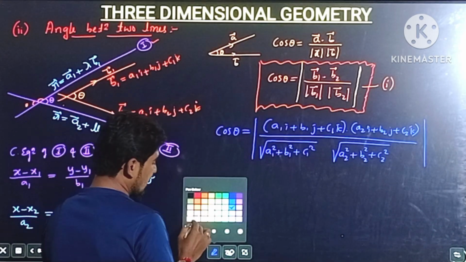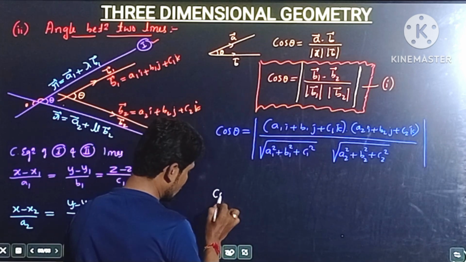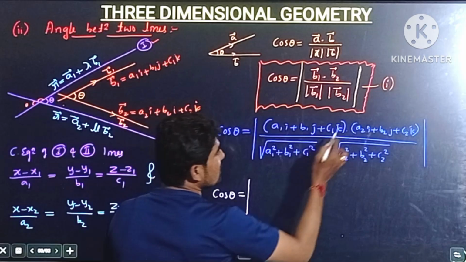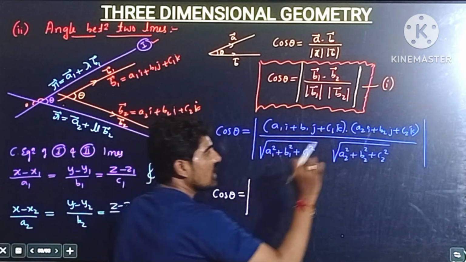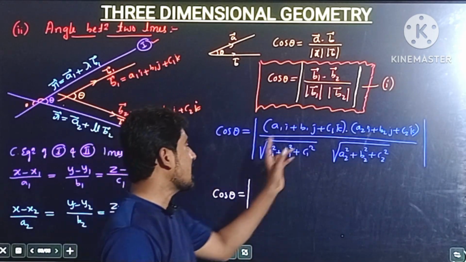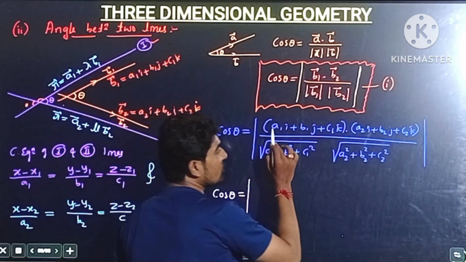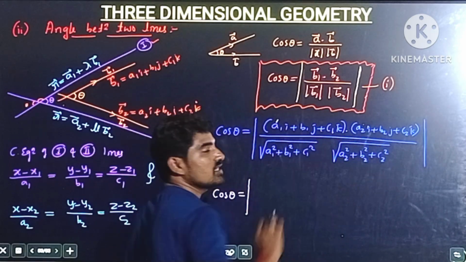Hence cos theta is equal to the modulus of the dot product of a1i plus b1j plus c1k and a2i plus b2j plus c2k. We know that the dot product of any two vectors is obtained by multiplying the coefficients of i with i, j with j, and k with k.